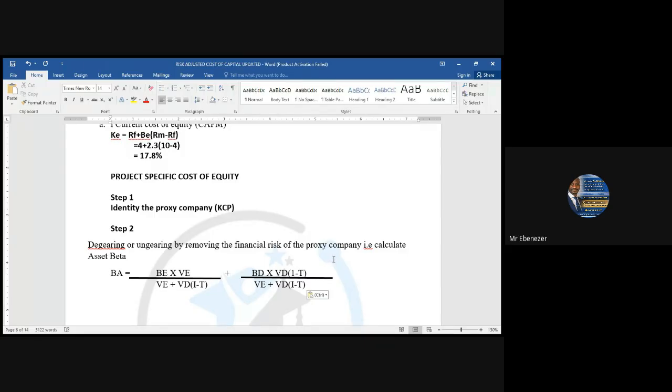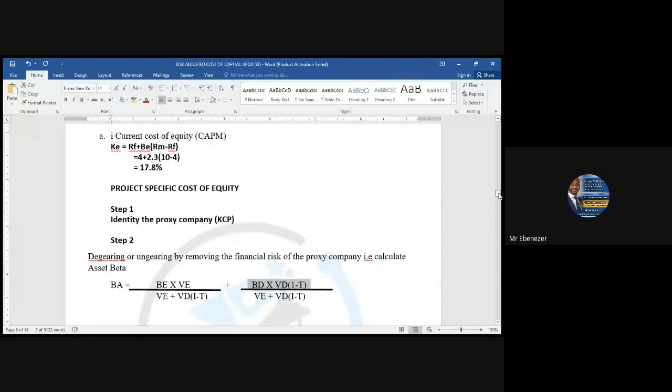Now, all of this information is for which company? For the proxy company. Now, let's check. Is the debt beta of the proxy company given to us in this question?